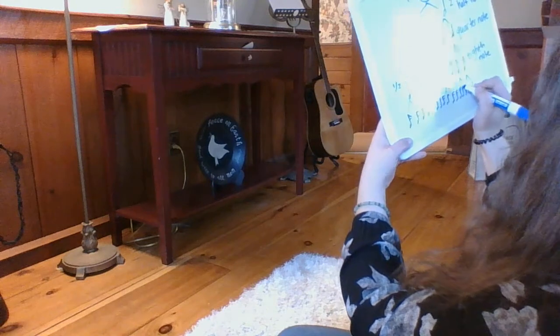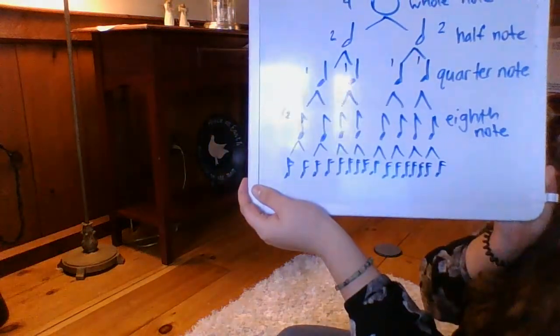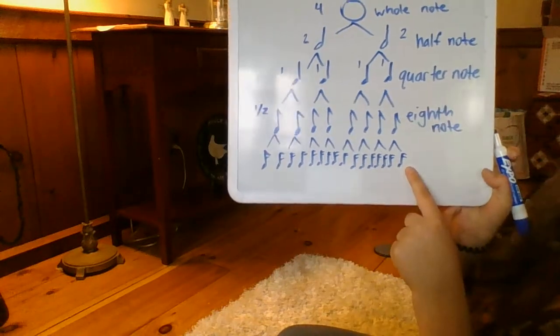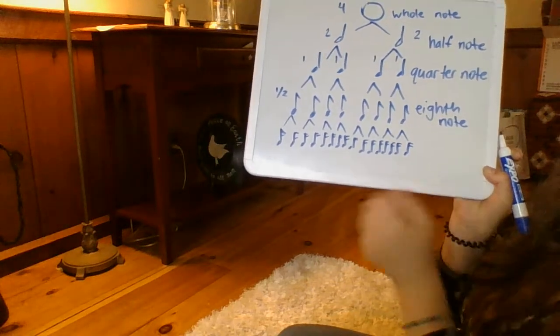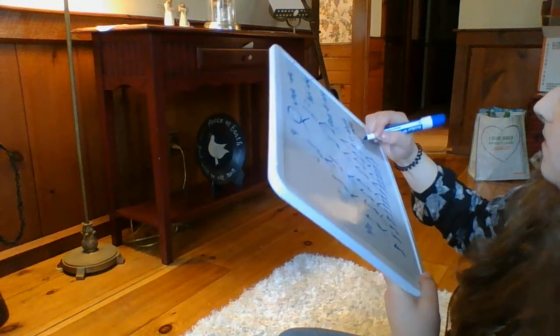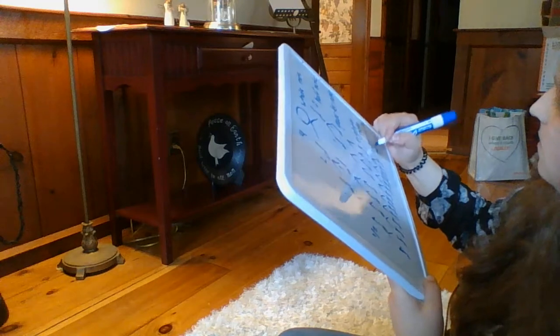How many flags am I putting on these? 2 flags. That shows us that this note's going to be half of this note. That's what our little flags or tails mean. This note is called the 16th note.